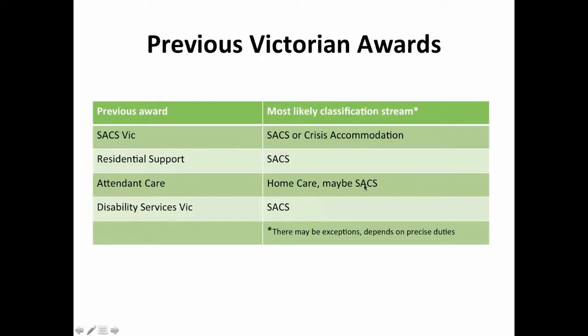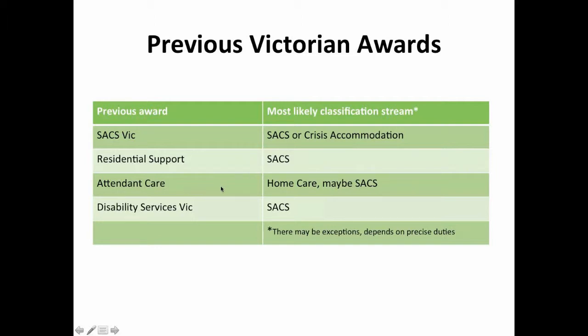In terms of your previous Victorian awards, there are 4 awards that translate to the Modern Award, and we've laid out for you here. SACS VIC translates usually into the SACS or Crisis Accommodation classification streams within the Modern Award. The Residential Support Award, most employers will translate into the SACS part of the SCHADS award.